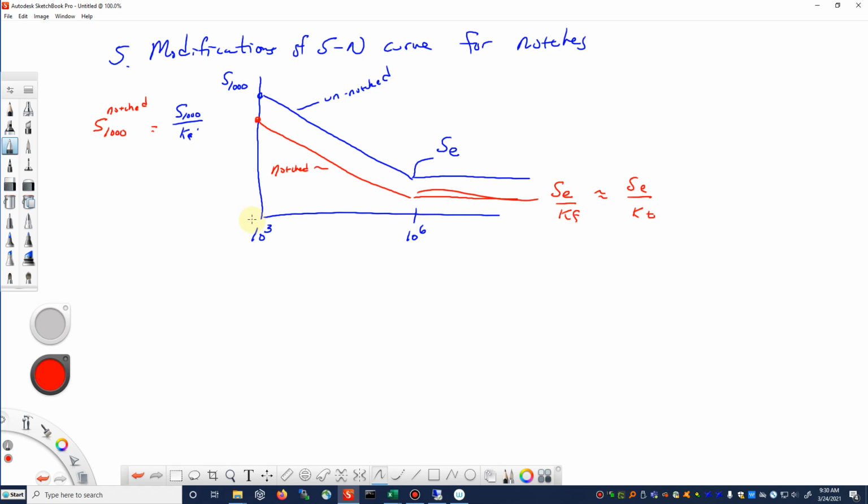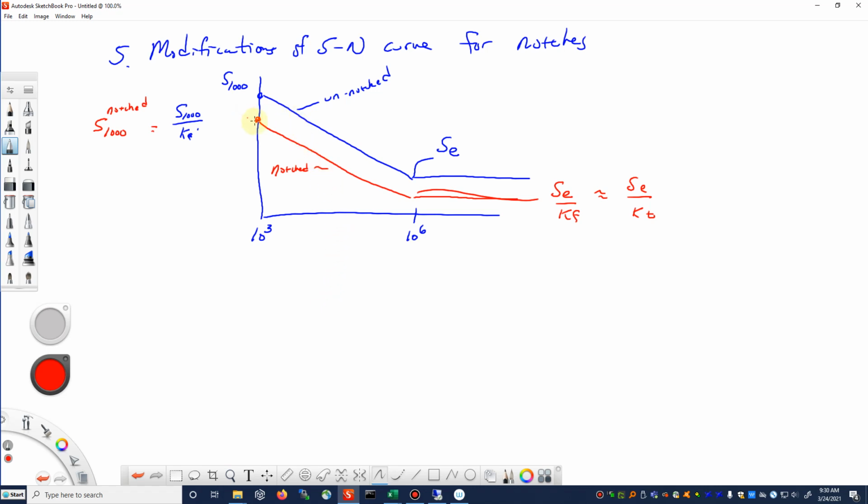Well, there's another approach that we can use. If this Kf prime is the same thing as Kf and Kt, well, then this would be a straight shift downward of this entire curve. Usually that's not exactly what we would see in fatigue data of notched and unnotched bars.